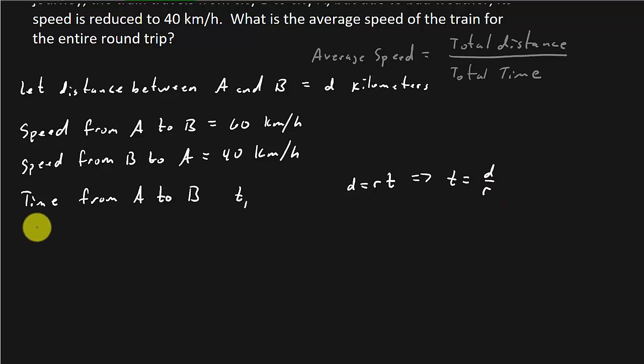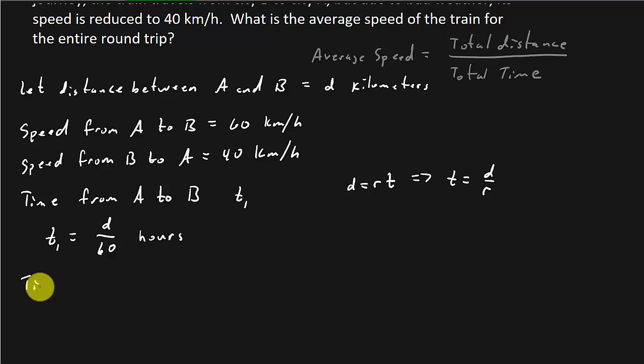So the time from A to B, we will call that T1, is equal to the distance, which is D, the distance between A and B, divided by the rate. The speed from A to B is 60 kilometers per hour, and that would be in hours.